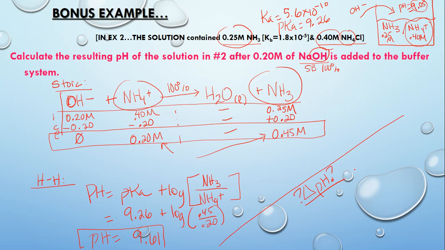So the pH was 9.05, we just figured out it's 9.61. So to get the change in pH, you're going to say 9.61 minus 9.05. So we get a delta, or a change in our pH of this system, of 0.56. That's a pretty effective buffer system.